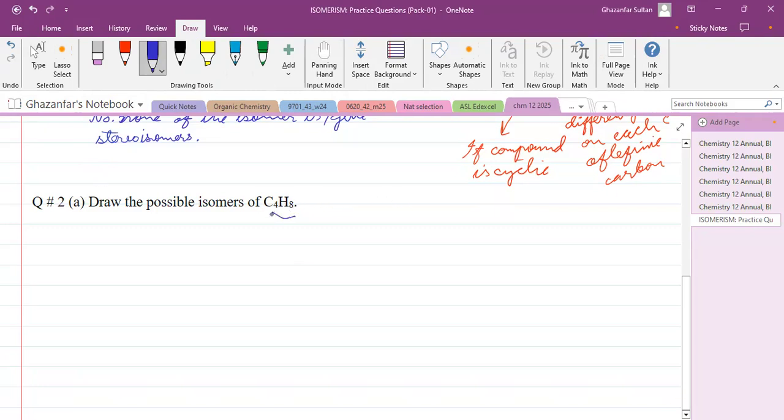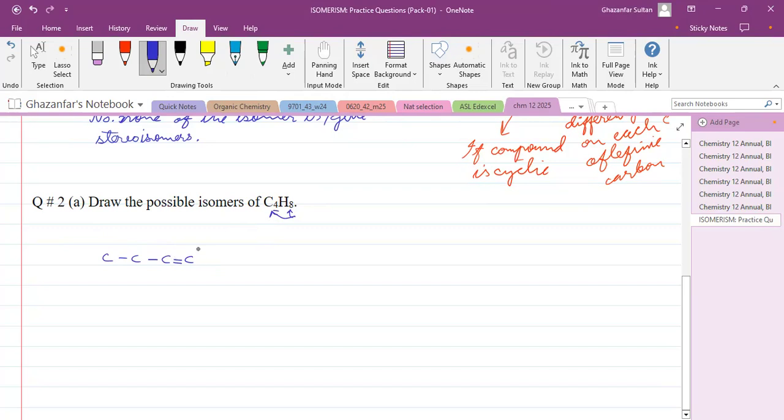You can observe that this is an alkene, so for the first alkene that you can draw here, first draw the 4 carbon atoms and put a double bond, especially at a terminal, and the rest of them have single carbon-carbon bonds.